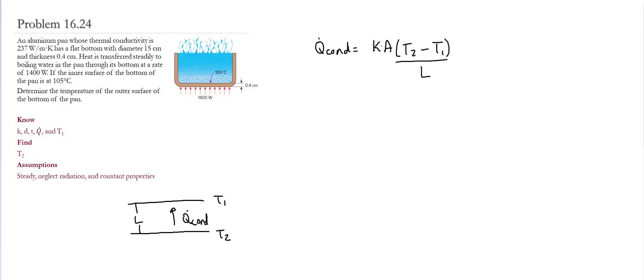The cross-sectional area that we have is going to be a circle. So if you think about it, this is more like a pan like this with a certain thickness. This is basically how it looks. Once again, this is at T2 and this is at T1. So the cross-sectional area is going to be a circle, so it's pi over 4 diameter squared.